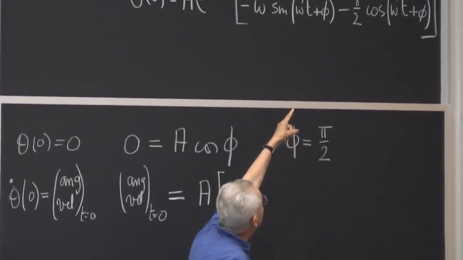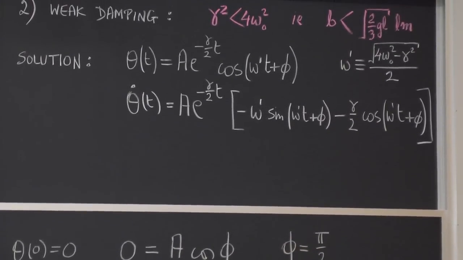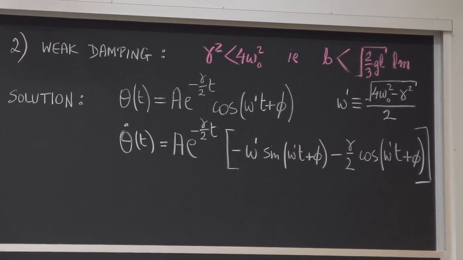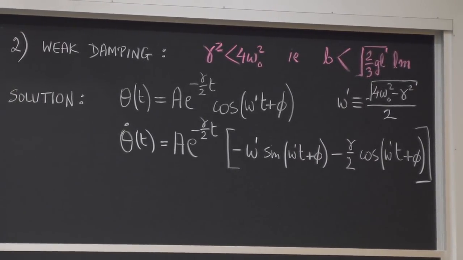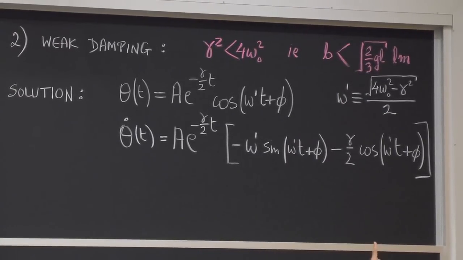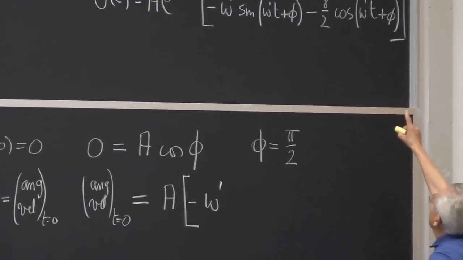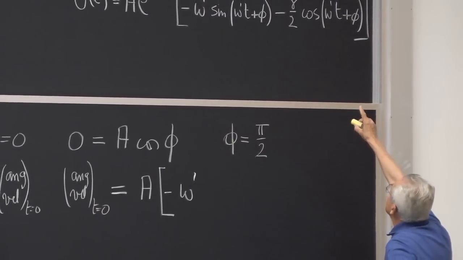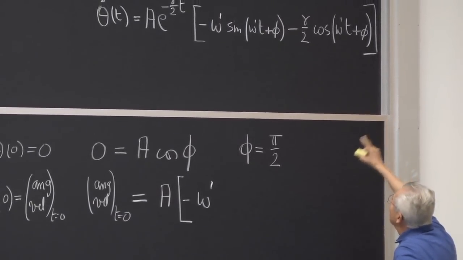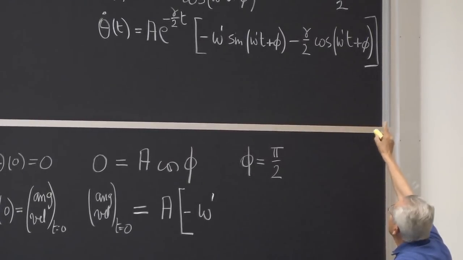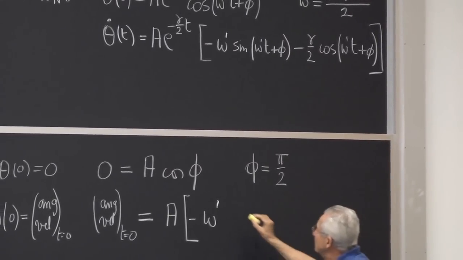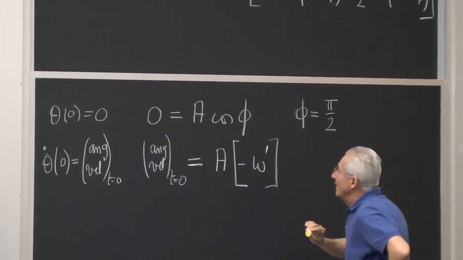Phi is pi over 2, so sine of pi over 2 is 1, and I don't do anything with that. Then minus gamma over 2 cosine of omega prime t, where t is 0, so it's cosine of phi. Phi is pi over 2, so that is 0. So that's all right.